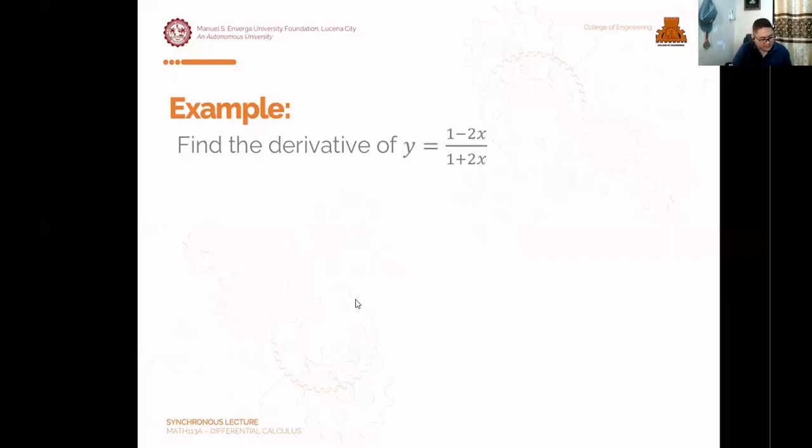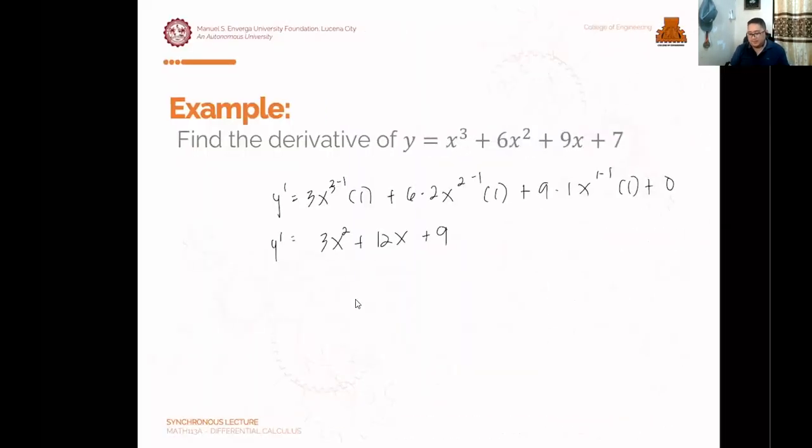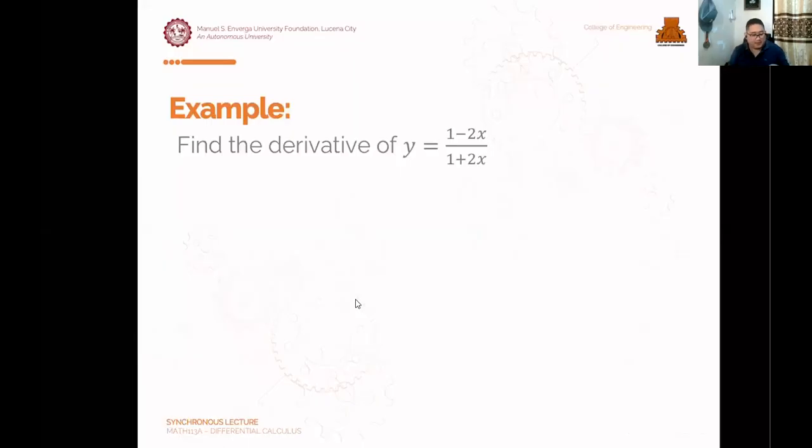Same ba to nung example kanina? Let me check kung para sa example kanina, no? Ayun, iba siya. Okay? So please get the derivative of this one. Derivative of quotient tayo. So again, assign tayo ng U, assign tayo ng V. Okay?